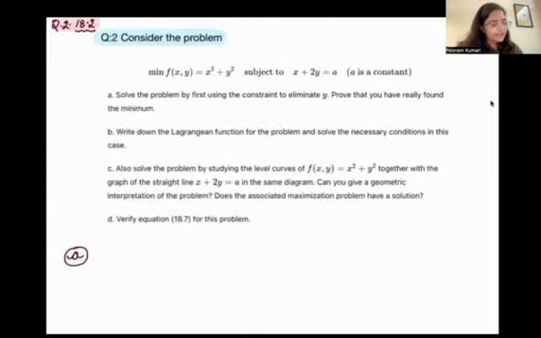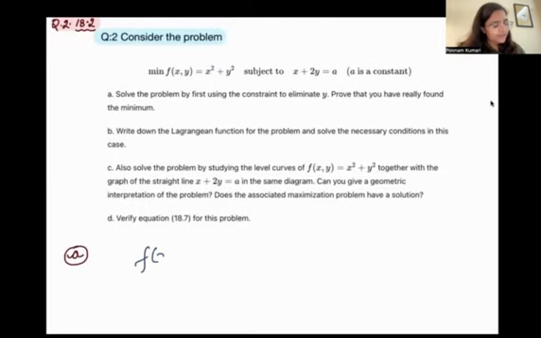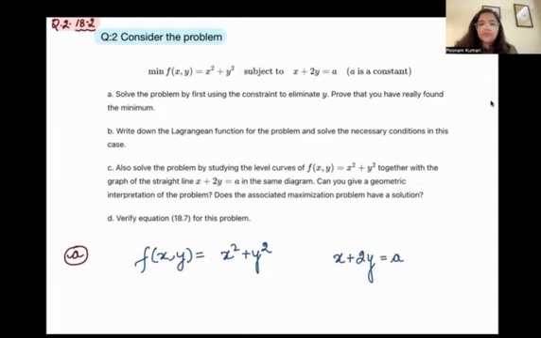Anybody having any ideas? So what is my function? x squared plus y squared. What is my constraint? x plus 2y is equal to a, right? So what should I do? I have to eliminate y. In place of y, I will write y equals a minus x divided by 2.